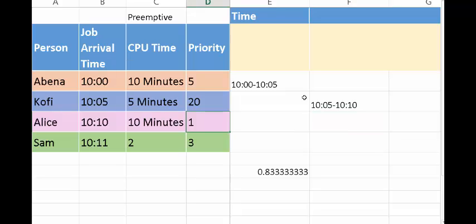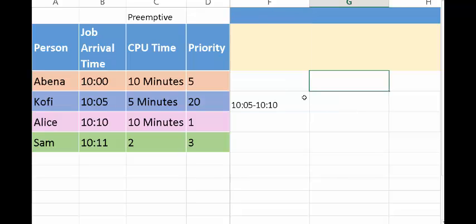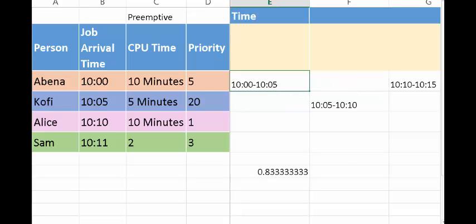At 10:10, even though Alice is in, Kofi has finished, but Abna did not. She's currently the person with the highest priority. She can get to go from 10:10 till 10:15.